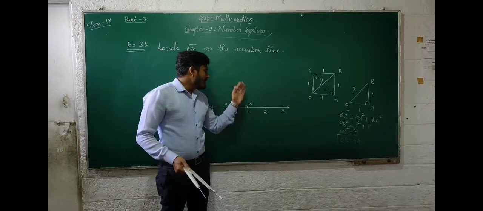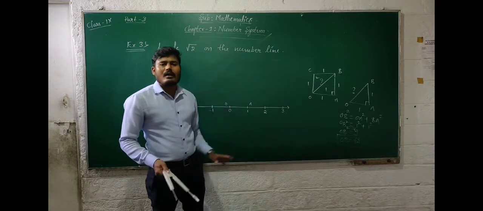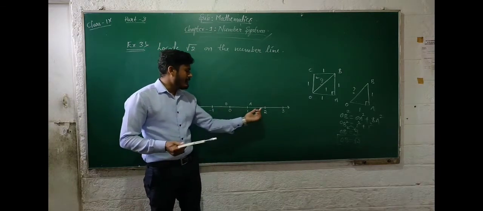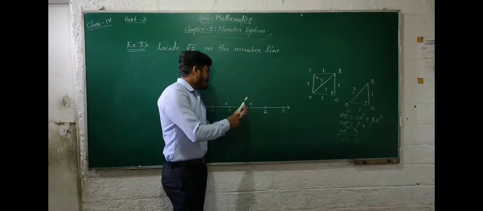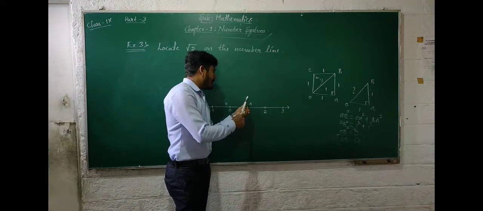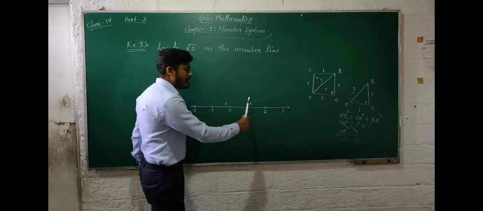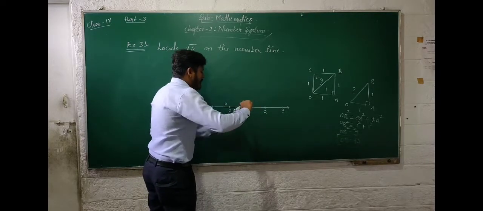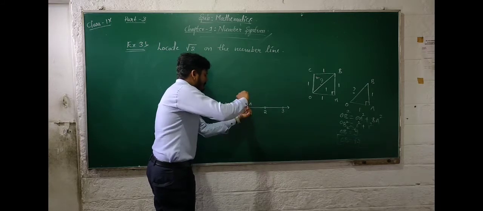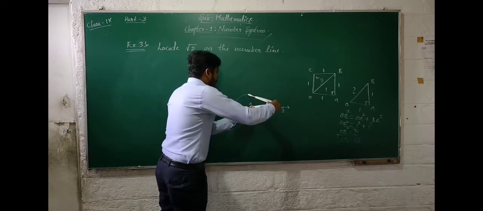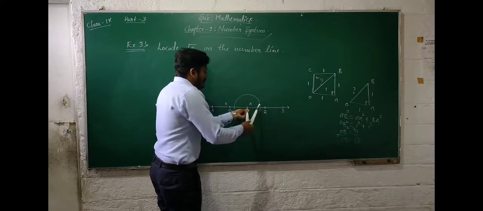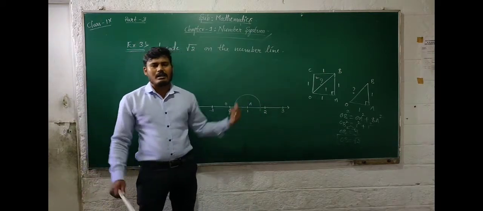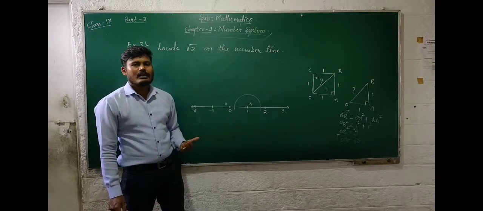If you draw a perpendicular on 1, you should take any radius between 0 and 2. Take any radius with 1 as center and draw a semicircle, which intersects the number line on either side. Got it?